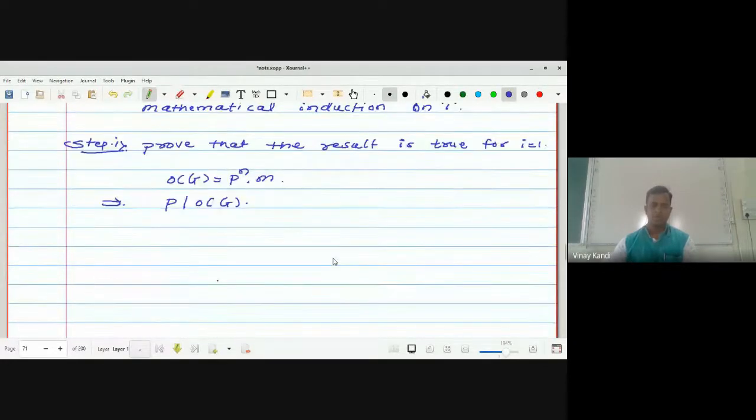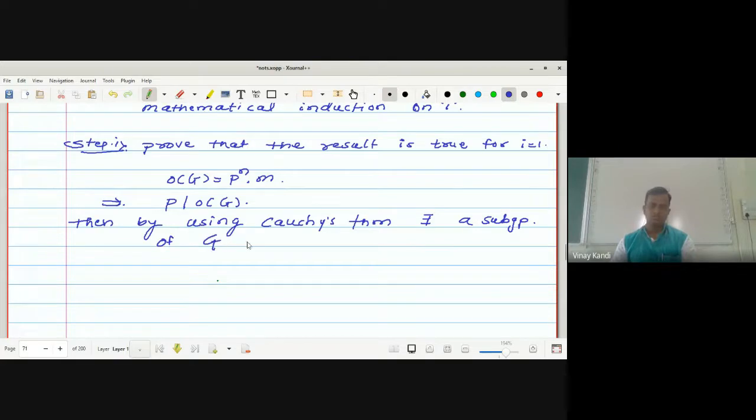So then by using Cauchy's theorem, what is Cauchy's theorem? There exists a subgroup H of G such that the order of H is equal to p. We saw the corollary: if p divides the order of G, then there exists an element a such that a raised to p is equal to e.